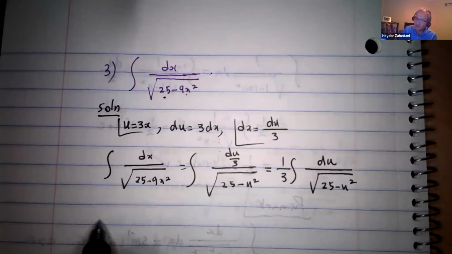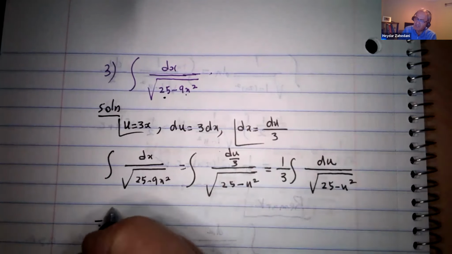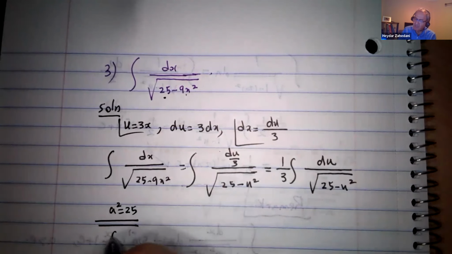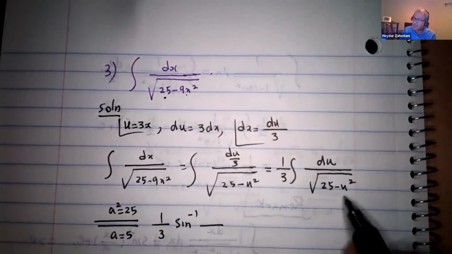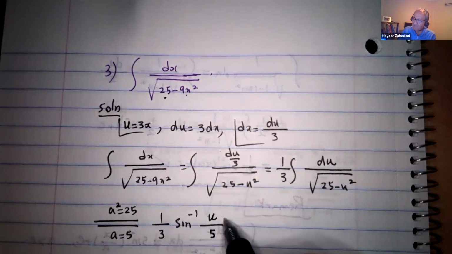So now the rest is going to be, you don't have to write this, but I just explain it. You remind yourself that a squared is 25, so you take a to be equal to 5. Then you continue. So it's going to be 1/3 sine inverse of u over a. What is a? A is 5. Plus the constant c.